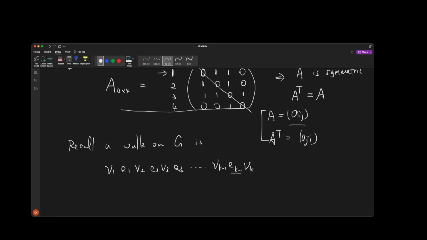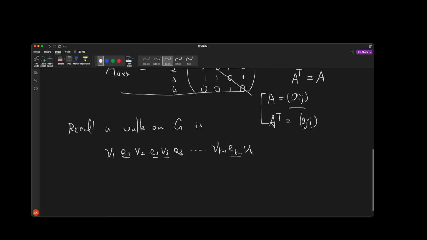Okay, so we have k minus 1 edges and k vertices, but they can be repeated. For example, I can put in our graph here 1, 2, 3, 4.